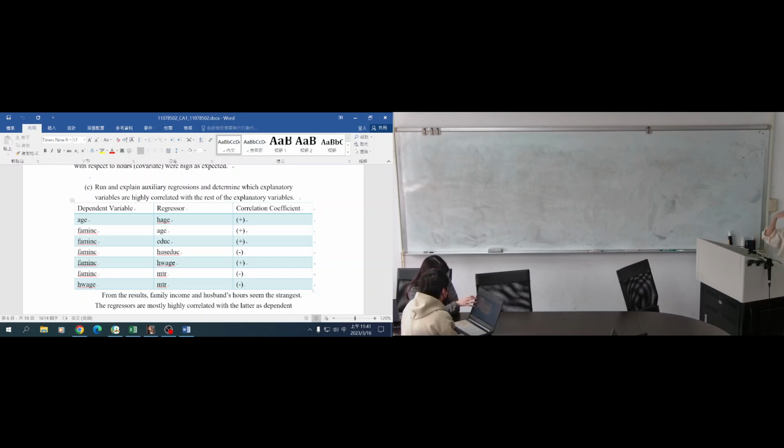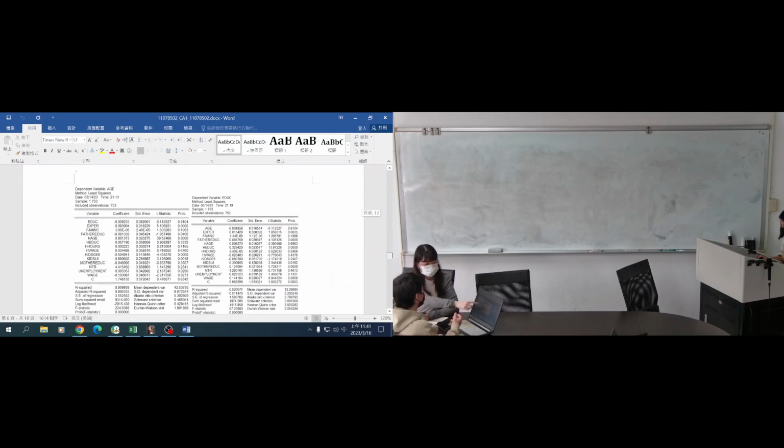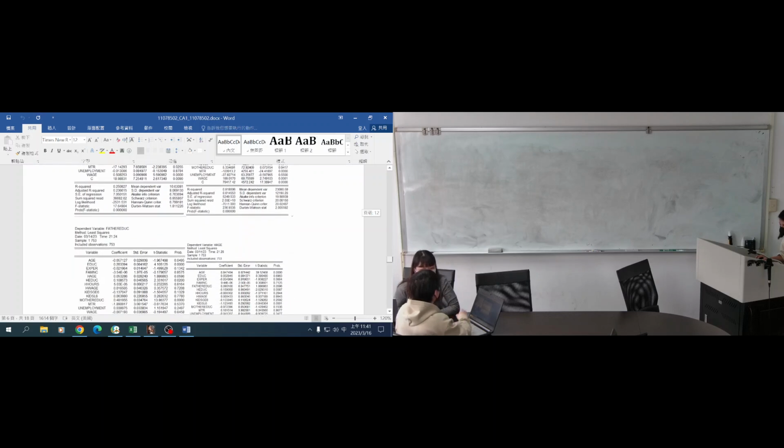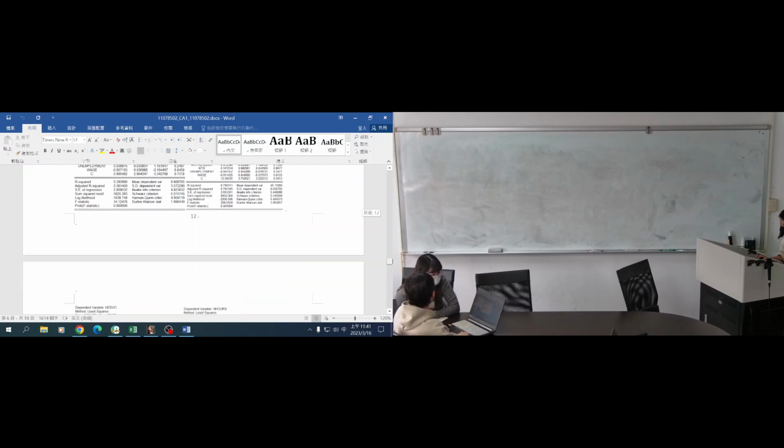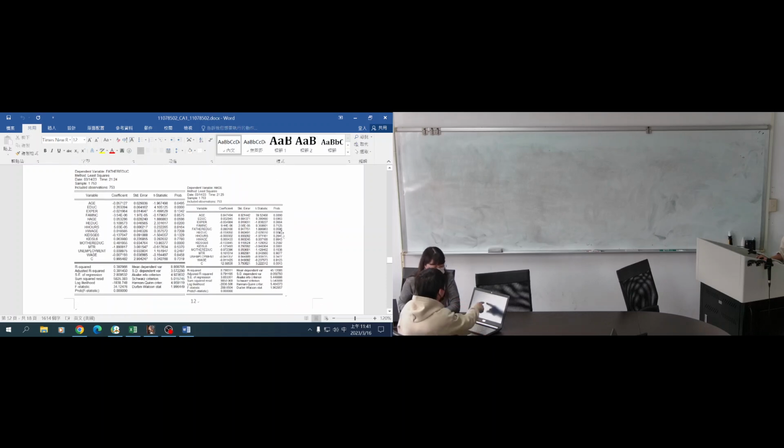This is what I'm saying: let me see all of this. This is the one you run, right? Like here, the father's education as the dependent variable, the rest of the x's as explanatory variables, and here is the R squared.